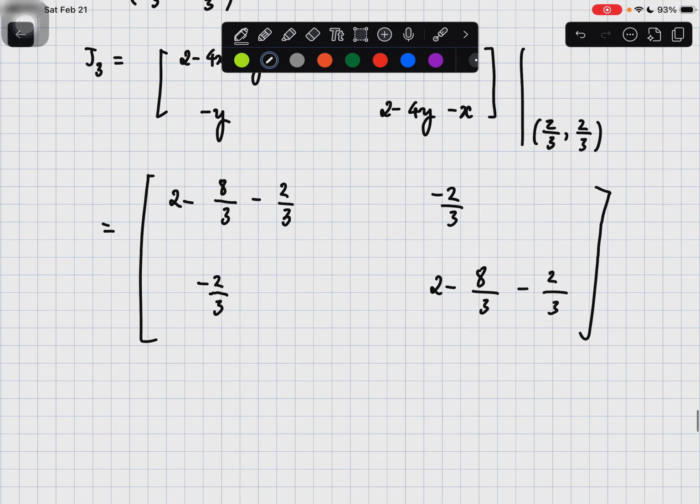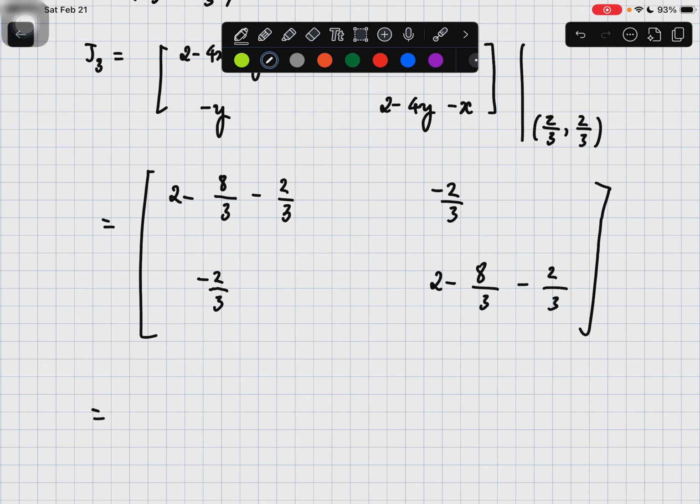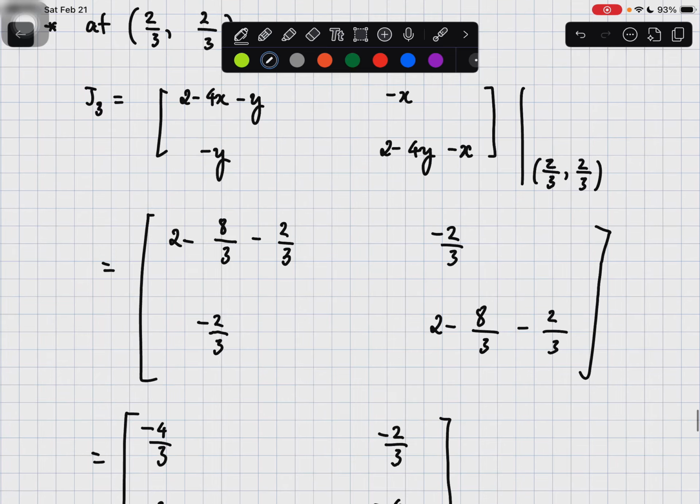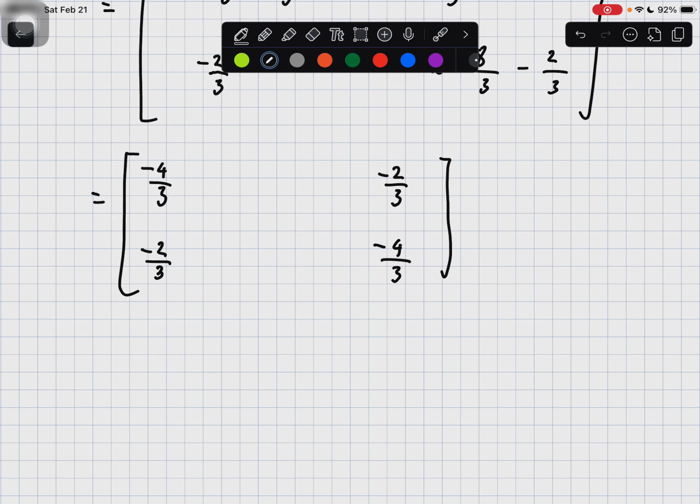So you have 6/3 minus 10/3, so minus 4/3, minus 2/3, minus 2/3, and minus 4/3. This is the Jacobian matrix. Now we compute the eigenvalues: the determinant of J minus lambda I.